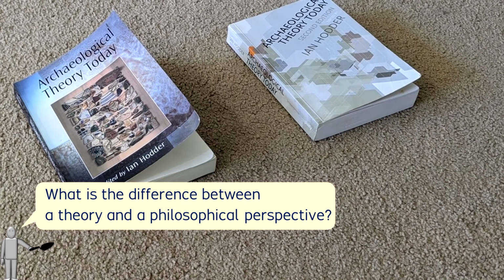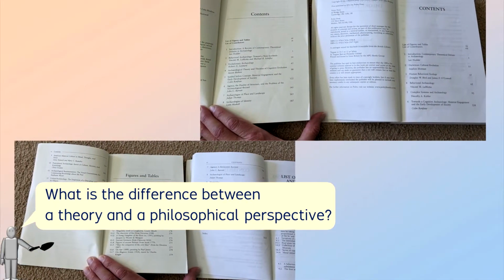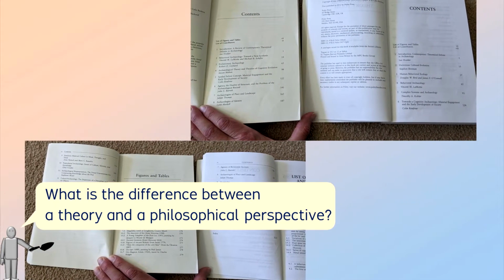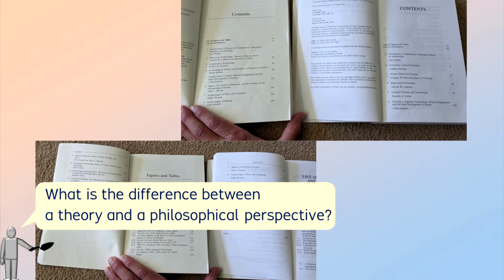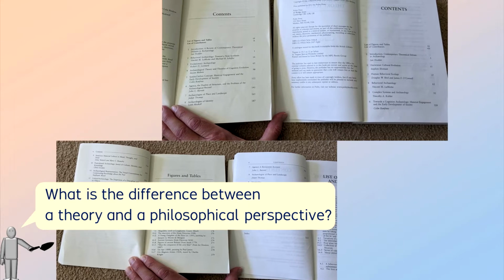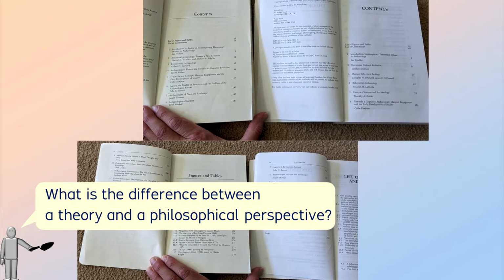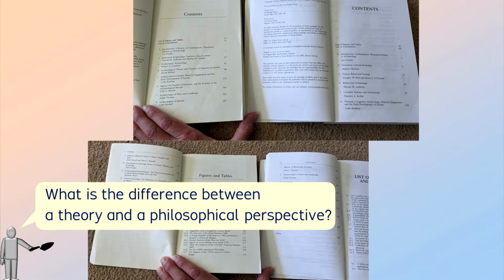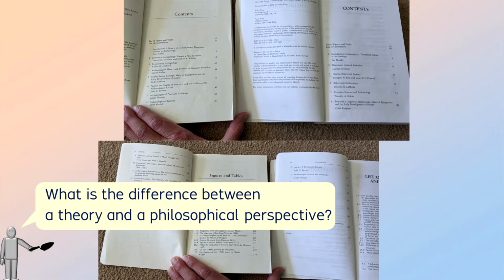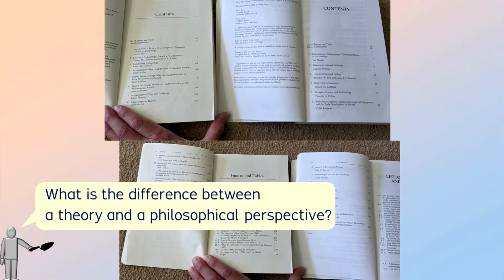The introductory chapter and many of the internal chapters of this book do not differentiate between a philosophical perspective and a theory. When I read these chapters, then I can apply this distinction on my own, and I can identify how a philosophical perspective may or may not support a possible theory or set of theories.